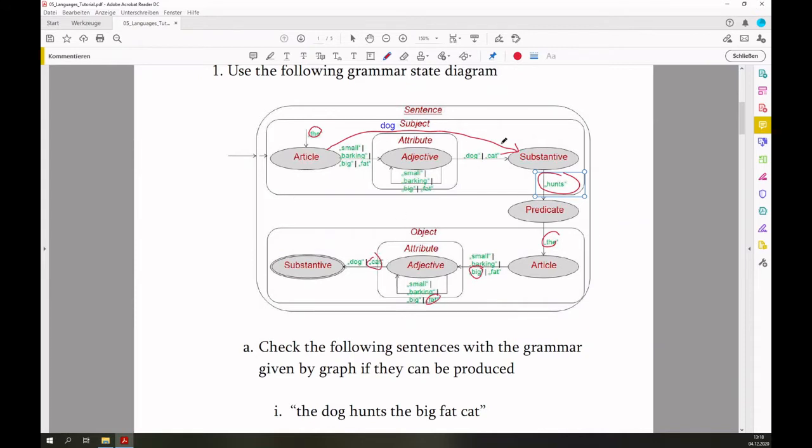Only with this additional edge from article to substantive, we would have the acceptance for this sentence. And this is directly what we want to do in the second part of this question, where we get new sentences, and we want to add the edges and the nodes which we need to fulfill these.